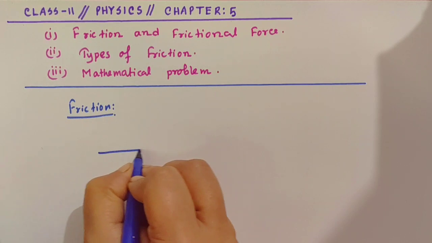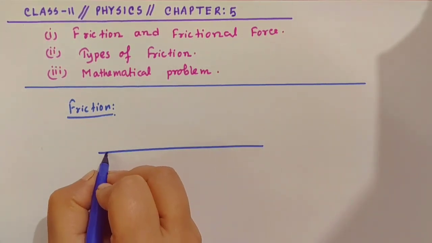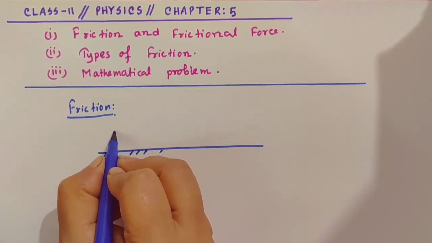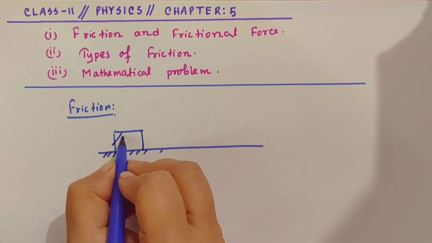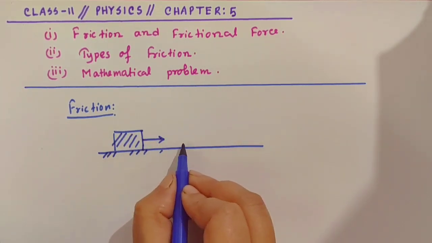Suppose this is our plane surface, this is the contact of surface, and this is one body. This body is moving over this surface.